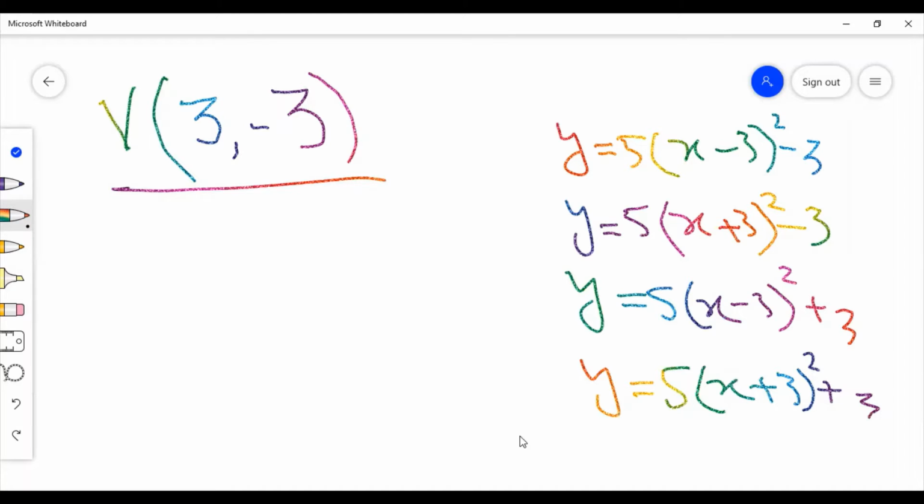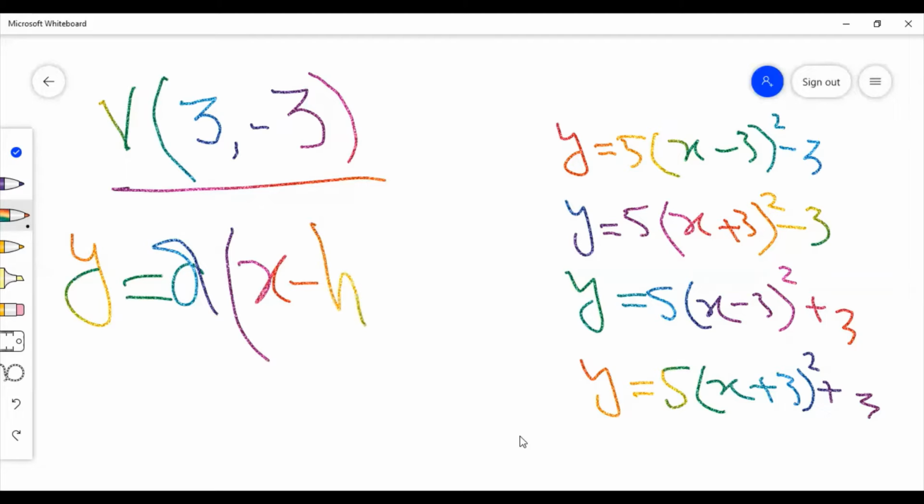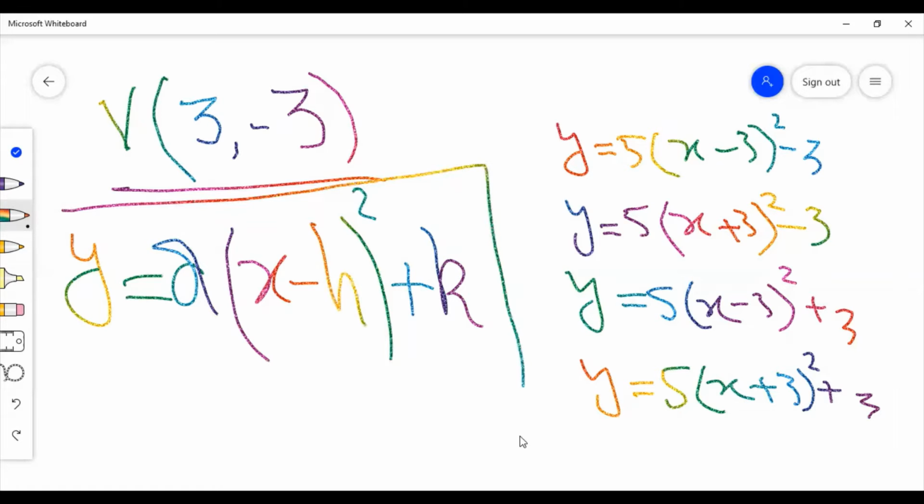If you can recall, the general equation of a parabola is y equals a(x minus h) whole square, plus k. So this is the general equation of a parabola which opens upwards.